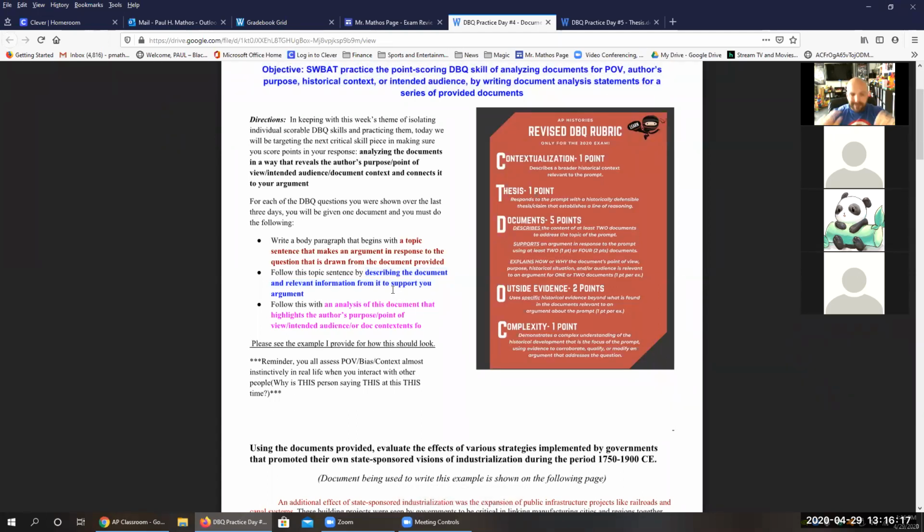However, document analysis goes deeper than that. It's going to make an analysis of the document that highlights the HIP things: either historical context, the purpose, point of view, or intended audience. That makes a difference. Now, the easiest one to use with the HIP analysis to get you the document analysis points is to use purpose, in my opinion.